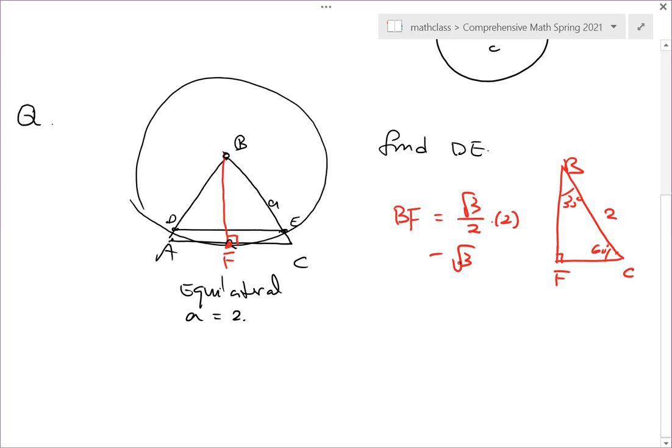You want to find out DE, right? But what does BF tell you? BF is actually the radius. This is going to be the radius of the circle. Then the problem is solved. Why? Can you see that?